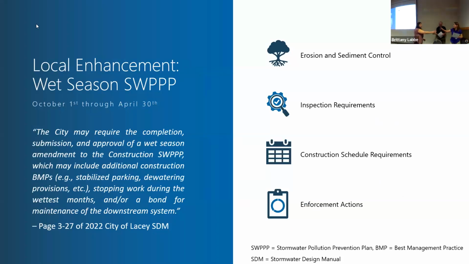Thanks, Doug. So today I would like to talk a little bit about the first local enhancement, which is the wet season SWPPP. I wanted to provide a little bit of context of why this wet season SWPPP is important. The city of Lacey receives a lot of rain. Lacey's average annual precipitation is 51 inches.